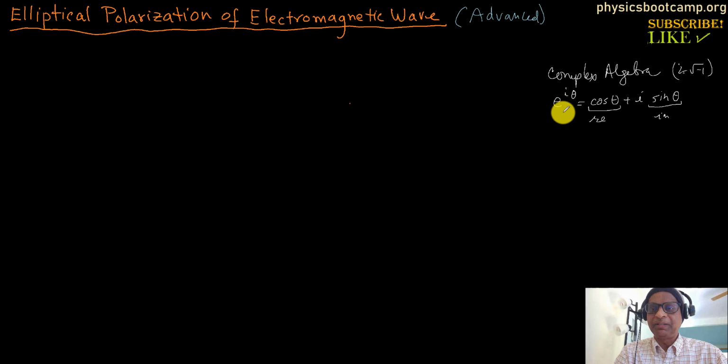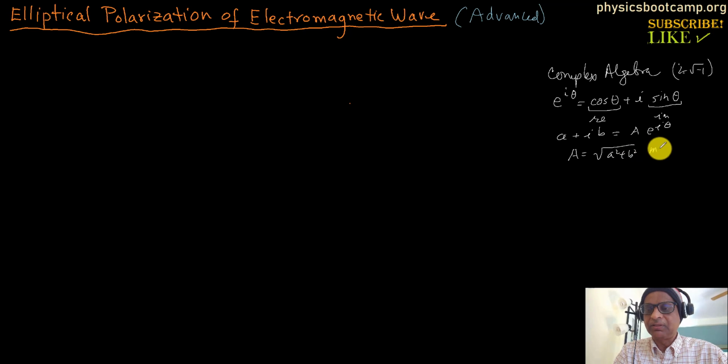So if you write something like e, the Euler constant, to the power i theta, this is very important. Any complex number a plus ib can also be written as some A e to the power i theta, and this A will be the square root of a squared plus b squared.